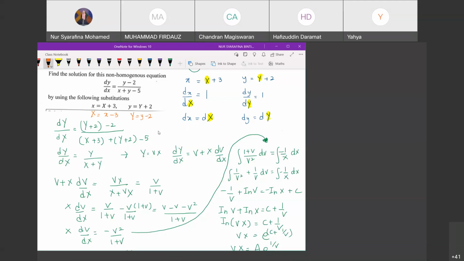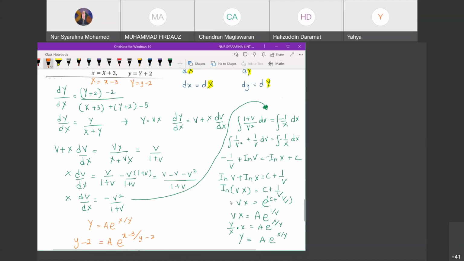So there are two substitution processes here. That's why it's quite long. But do you understand? That's the objective: you have to understand and know how to do it. Then whatever question it is, you can do it. Okay, clear everyone?